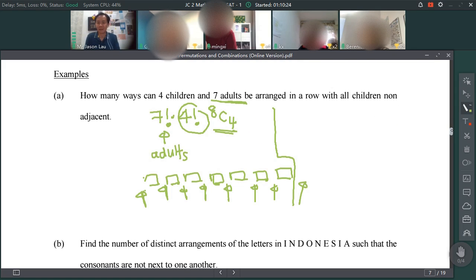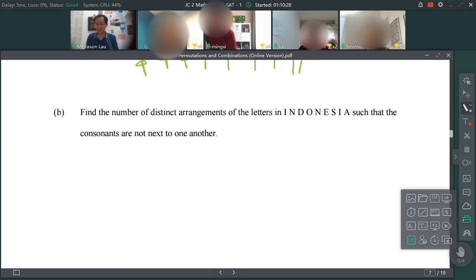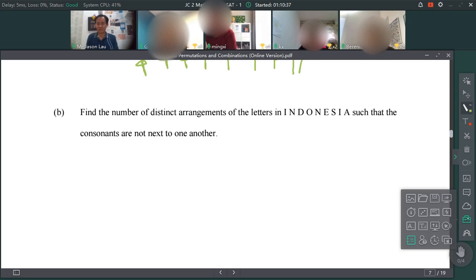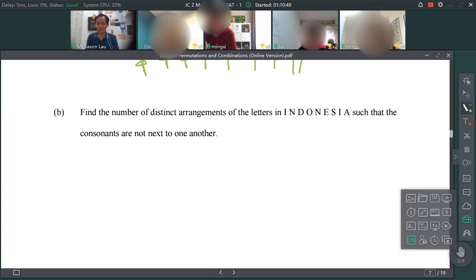Okay, so next one, this part. Okay, who will do this part? Who wants to try? Oh, quiet. Oh no. Can you see what am I doing?